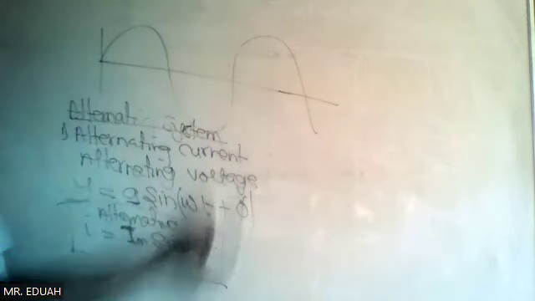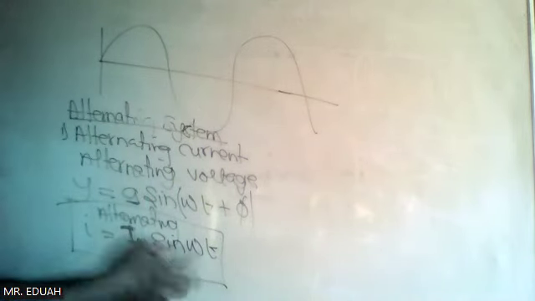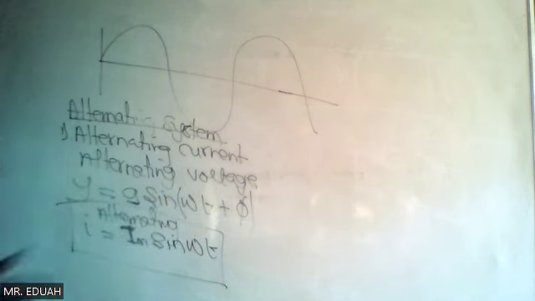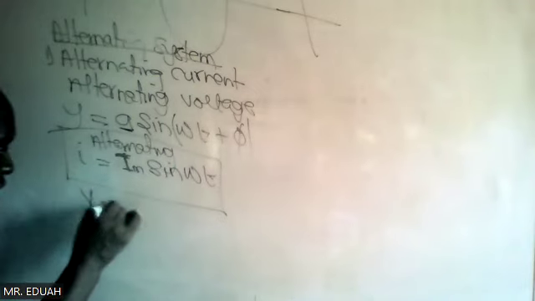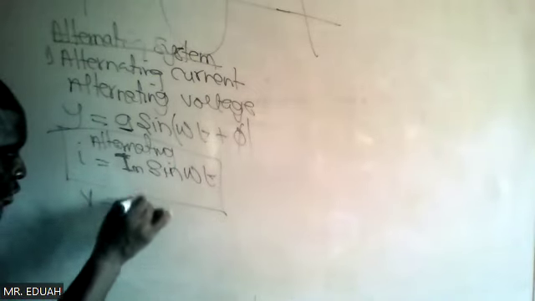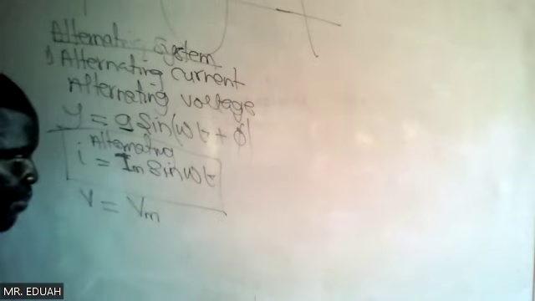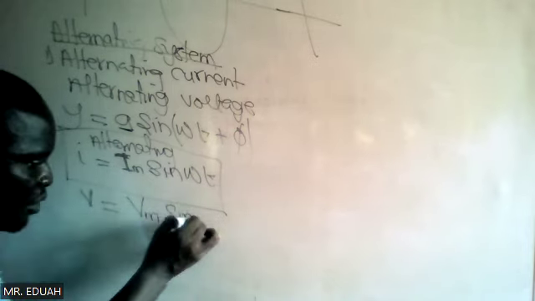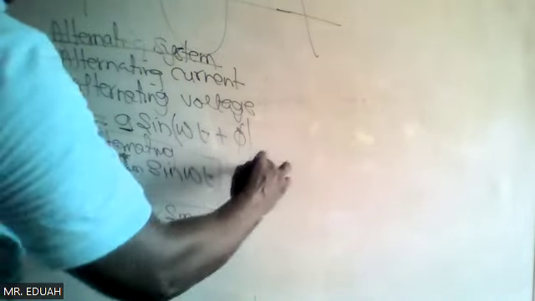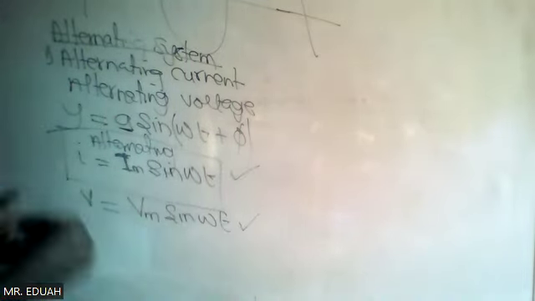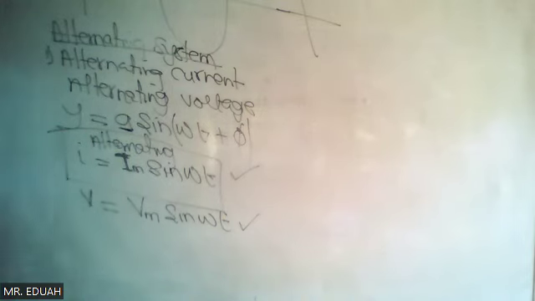Alternating voltage is also represented by V is equal to Vm sine omega t. So this is alternating current. This is alternating voltage.